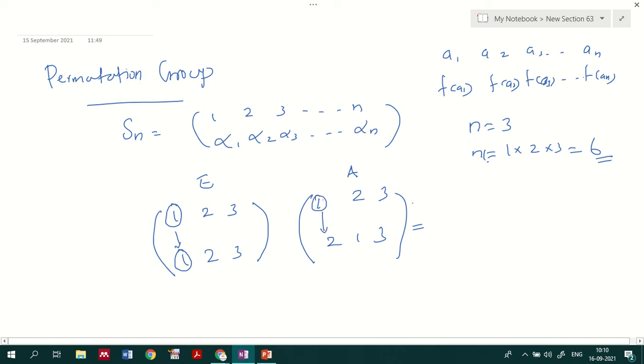And for 2 we can identify 2 here. This is how we will execute it.